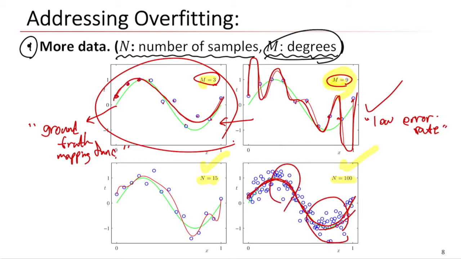So it is similar to the ground truth mapping function in green color. So by using more data, we can train a more proper mapping function. Okay, so this is the first way to reduce the overfitting problem.